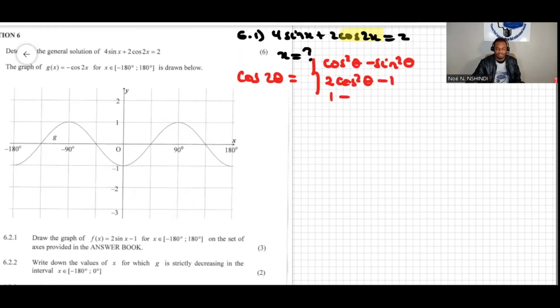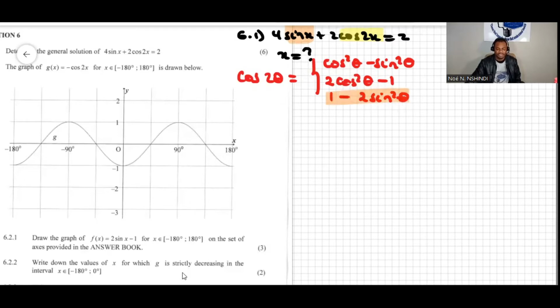It is also 1 minus 2 sine squared θ. So we can select one formula to use here, because we can notice that we have sine over there. I prefer to use this formula.